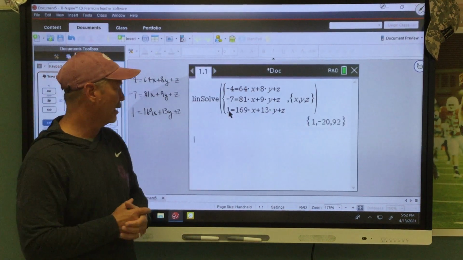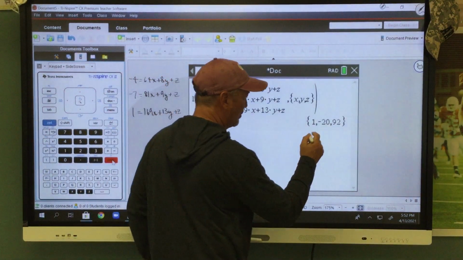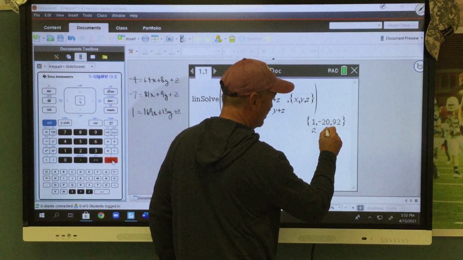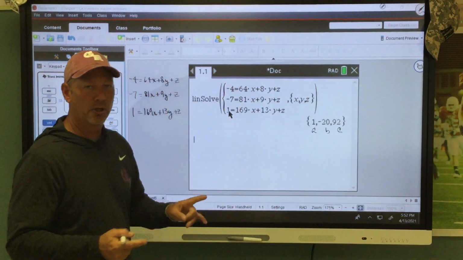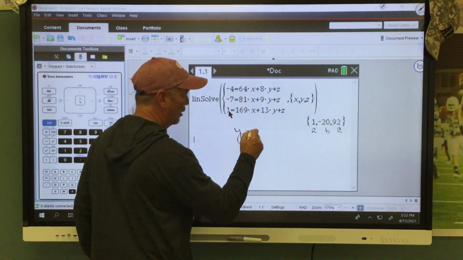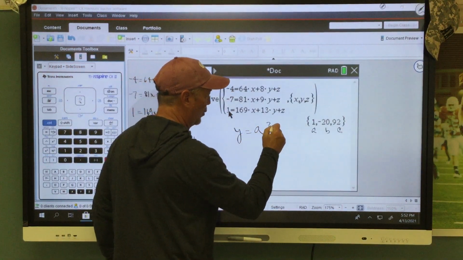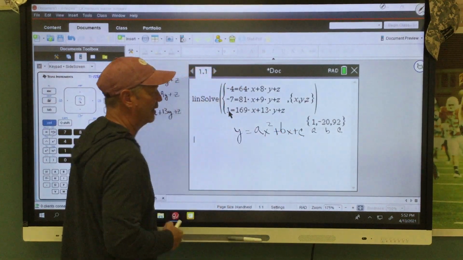And I get those 3 numbers. What are those 3 numbers? This is my A value, this is my B value, this is my C value. We're going to put those back into an equation of what? y equals ax squared plus bx plus c.